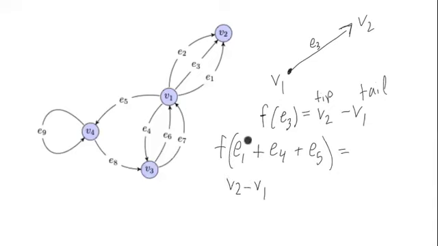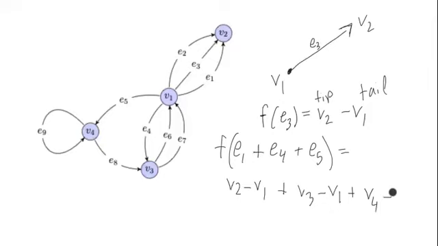Then this would be equal to, let's see, E1 would be V2 minus V1, because tip and tail, plus E4 would be V3 minus V1, plus E5, you could think right here, V4 minus V1.